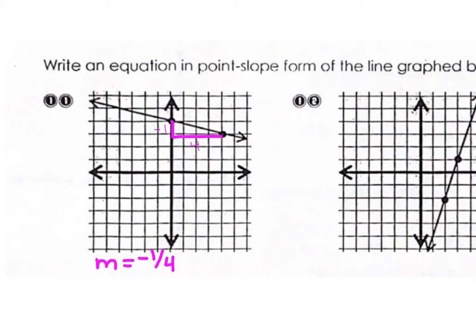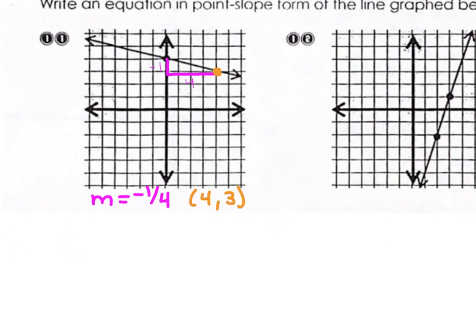It wants us to use that right-handed ordered pair. So when we look at that ordered pair, that would be (4, 3). So now given that slope and that ordered pair, we're going to use our point slope form of y minus y1 equals m times x minus x1 to write the equation in point slope form.